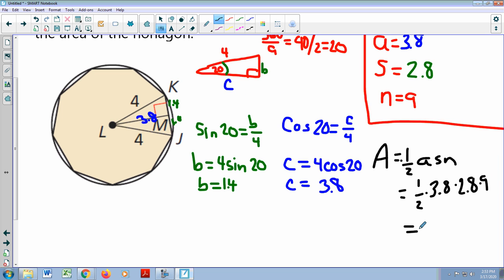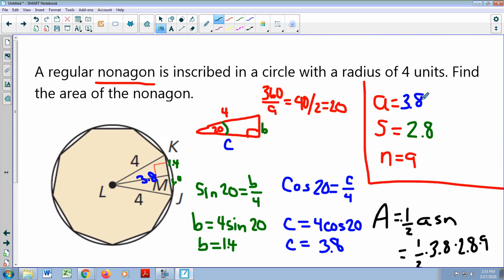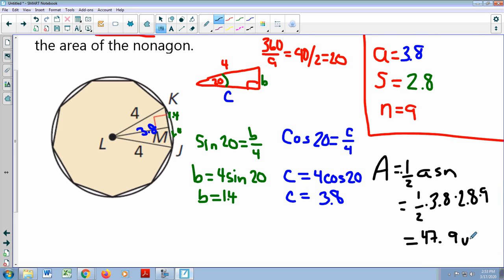So I'm going to take 0.5 times 3.8 times 2.8 times 9. I get 47.9. I've got to look up units, squared.